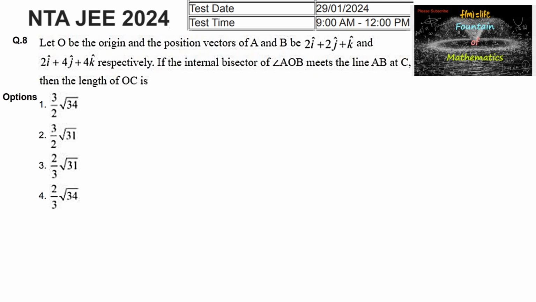So here, given position vector of A, OA is equal to 2i plus 2j plus k, and the OB vector is equal to 2i cap plus 4j cap plus 4k cap.